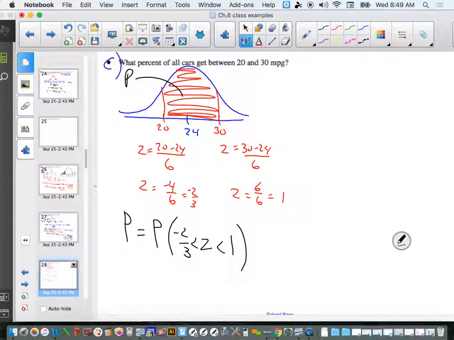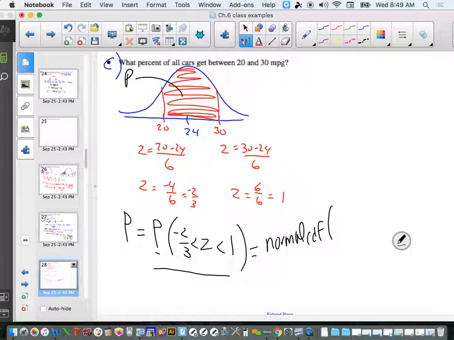You're showing your work with the z-scores, and you're showing what the p-value means in terms of that. So the percent is the probability, that's this p, of getting a z-score between negative 2/3 and positive 1. Now the next part, on the AP exam, they don't really want to see this. You can put this next part down just to help you remember the calculator commands, but it's not required.